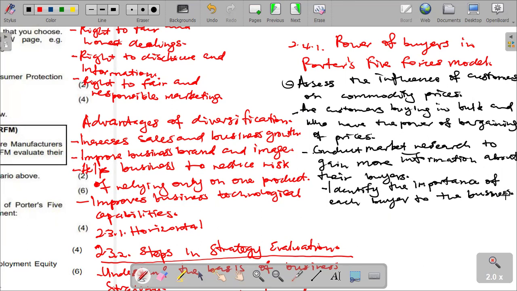The contribution of each buyer to the business must be well understood in terms of Porter's five forces model, in terms of the power of the buyers. How important is each buyer to the business?